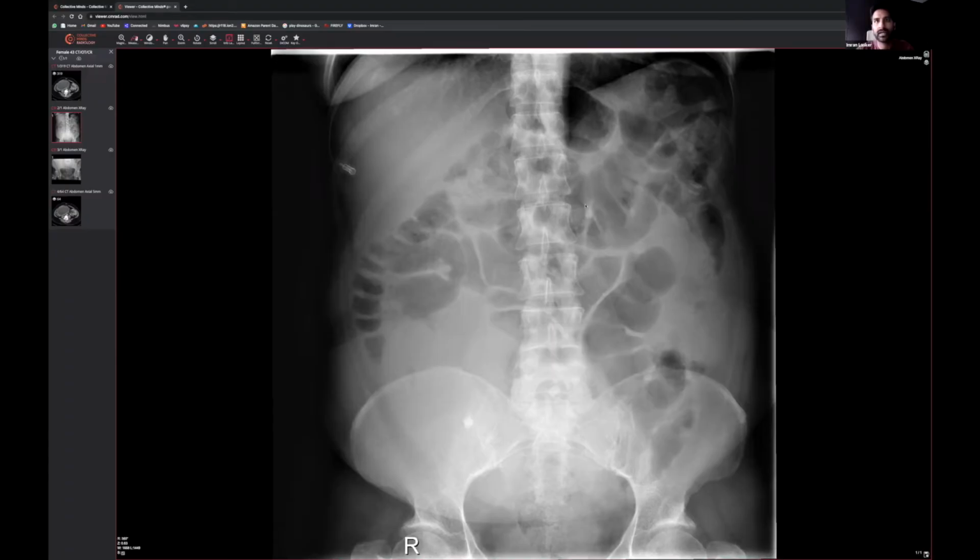What should be happening is that you've got all the large bowel on the outside and in the middle all the small bowel. But in this image, there is a bit of a mass effect, everything pushing upwards. So at the very least, you should be able to say that there seems to be a bit of a mass coming from somewhere, more likely from the right side of the abdomen.